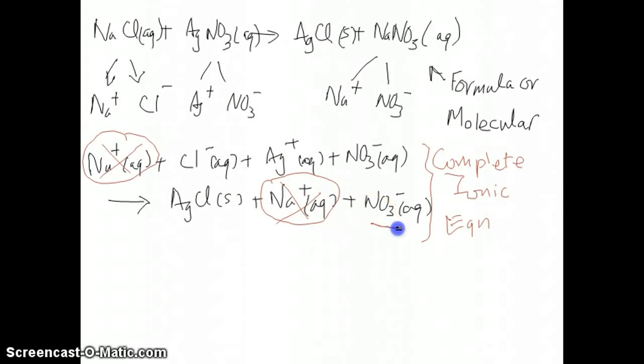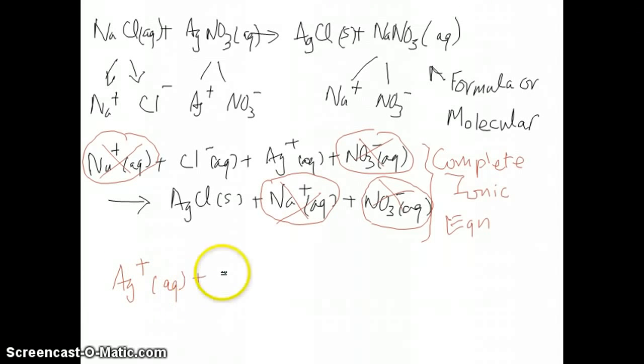Another ion that looks like that is your nitrate ion, right, one here. That's in the product, here is in the reactant. So we also cancel this out. And whatever's left at the end, those are the ions that actually undergo the reaction. So we're going to write those out. Usually start with the cation, Ag plus aqueous plus Cl minus aqueous, forming AgCl solid.